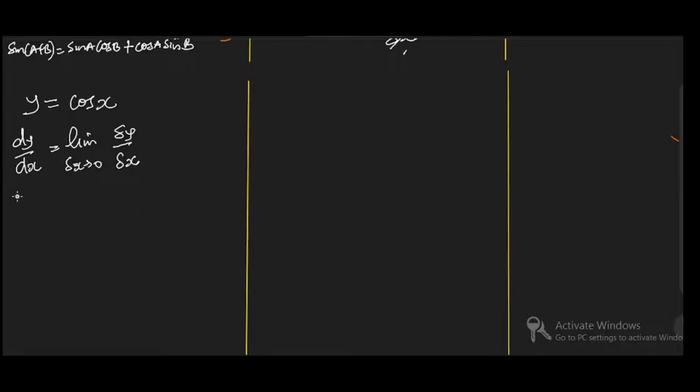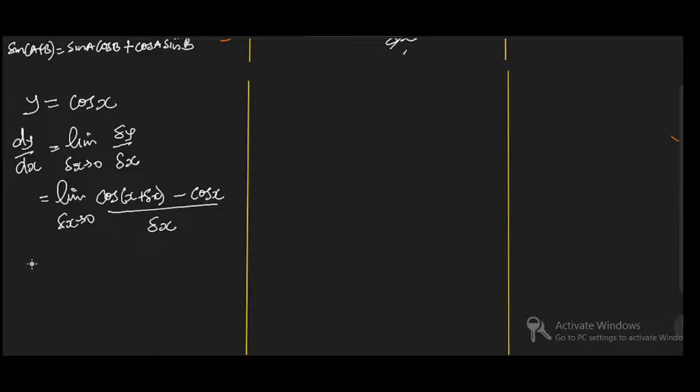Okay, so this will give us, we do the substitution. So we shall have the limit as the small change in x tends towards 0. So here we have cos of x plus small change in x, minus our cos x. All this is out of the small change in x.